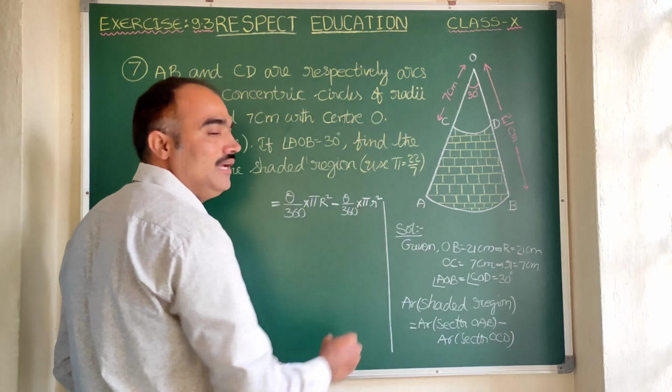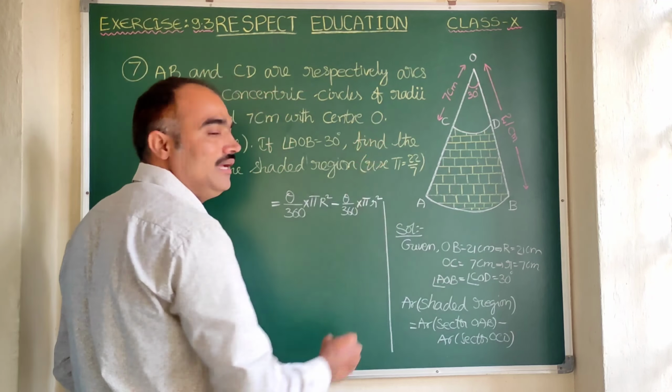Now let us write the values. Theta is 30 degrees, capital R is 21 centimeter and small r is 7 centimeter. Let us substitute these values.